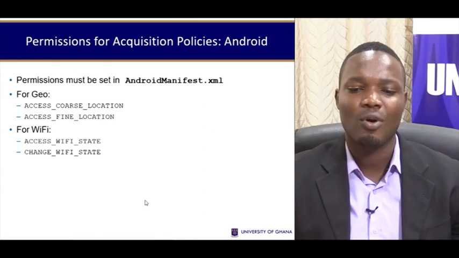Now, permissions for acquisition policies using Android are set in the AndroidManifest.xml. For Geo, we have the ACCESS_COARSE_LOCATION and then ACCESS_FINE_LOCATION as parameters. For Wi-Fi, we have ACCESS_WIFI_STATE and then CHANGE_WIFI_STATE.